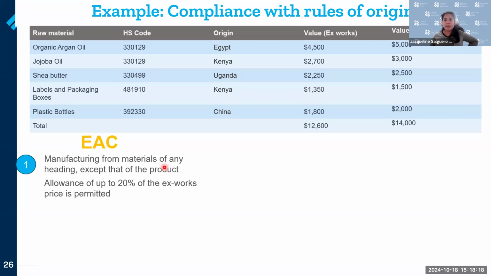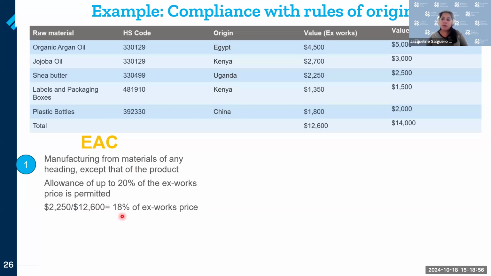But in the rule, there is also a provision that says there is an allowance of up to 20% of the export price. So there is a limit, an extra threshold that they are giving me. So if I compute it, it will be the 2,250, which is the same input that has the same code as my body lotion, 3304.99, divided by the total cost, which is 12,600 Ex-Works, and that's 18%.